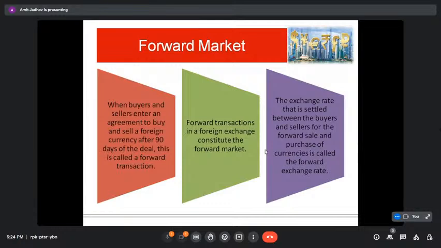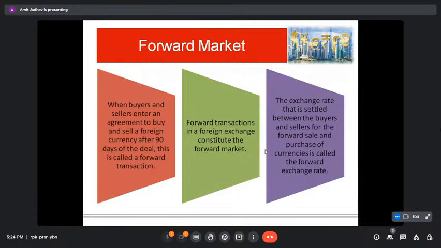The forward transactions in the foreign exchange market constitute the forward market, and the exchange rate that is settled between the buyers and the sellers through the agreement. So through the agreement, they can fix the exchange rate for 90 days in the future, and settle between the buyers and sellers the forward sales and purchases of currencies in the foreign exchange market.